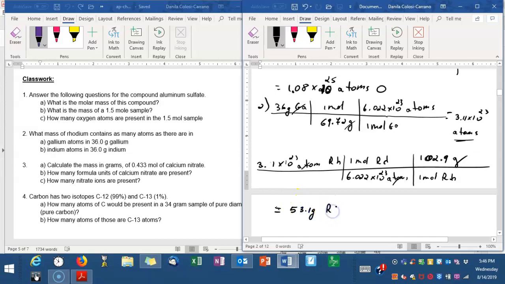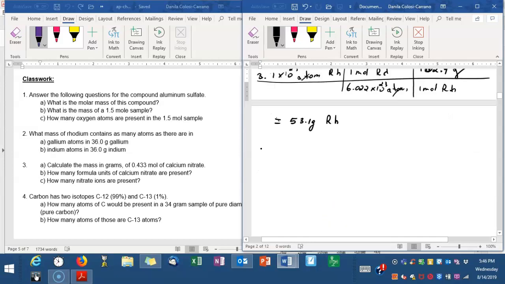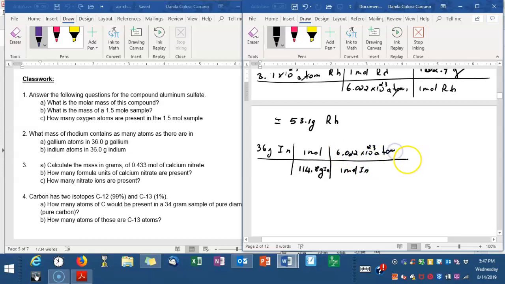Grams of rhodium. How many atoms are there in 36 grams of indium? Okay, so grams of indium, 1 mole of indium, and in 1 mole of indium there are 6.022 times 10 to the 23rd atoms. So now we know the numbers.